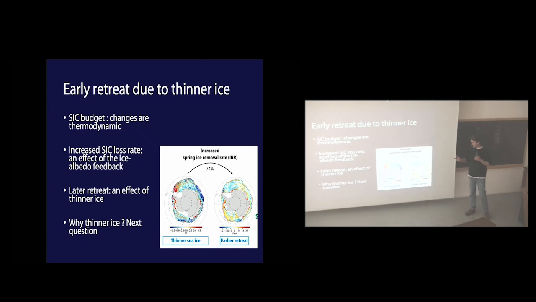And then the next question that we could not really answer, because we didn't have any data to look at, is why would the sea ice be thinner in the first place. That seems to be the origin of the thing. And that would be the summary of what she showed.